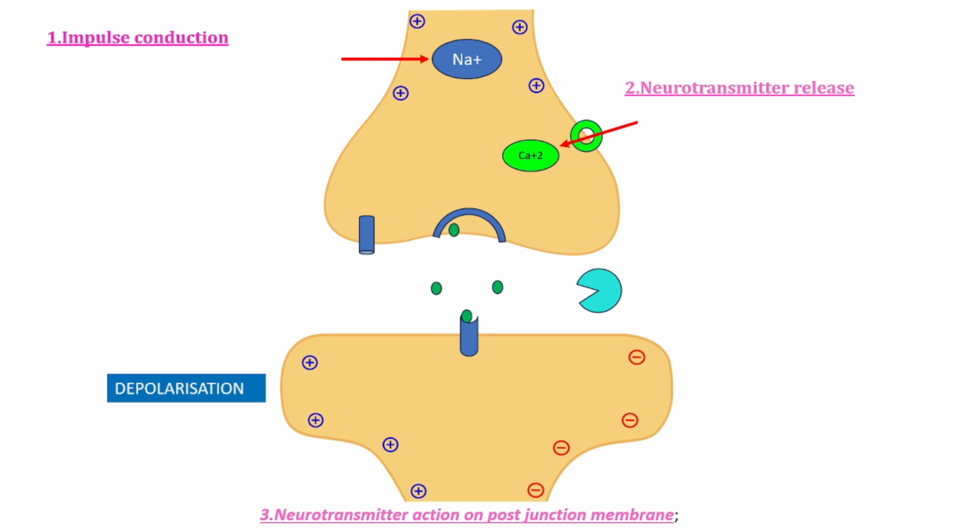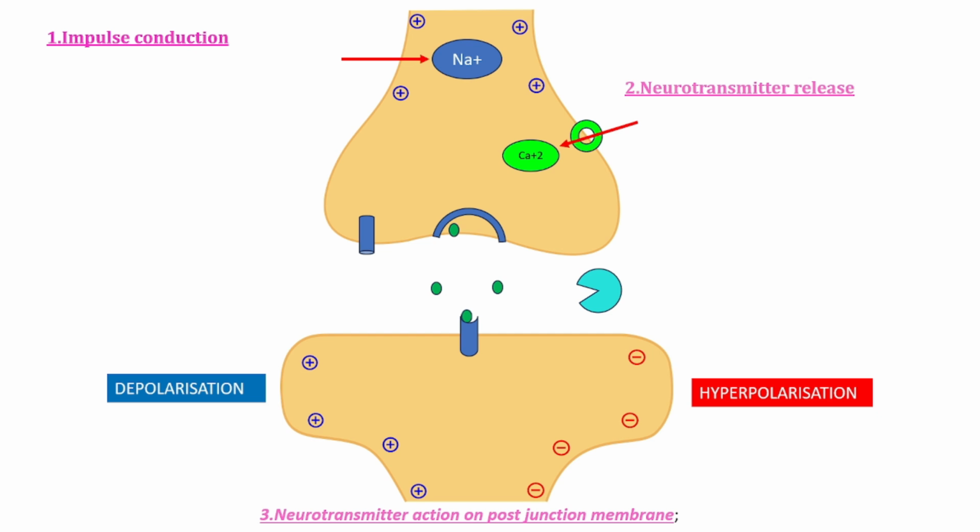If it is an inhibitory neurotransmitter like GABA and glycine, it causes hyperpolarization. So this we can call action on the post junctional membrane, that is either depolarization or hyperpolarization. Depolarization is caused by excitatory neurotransmitter, hyperpolarization is caused by inhibitory neurotransmitter.